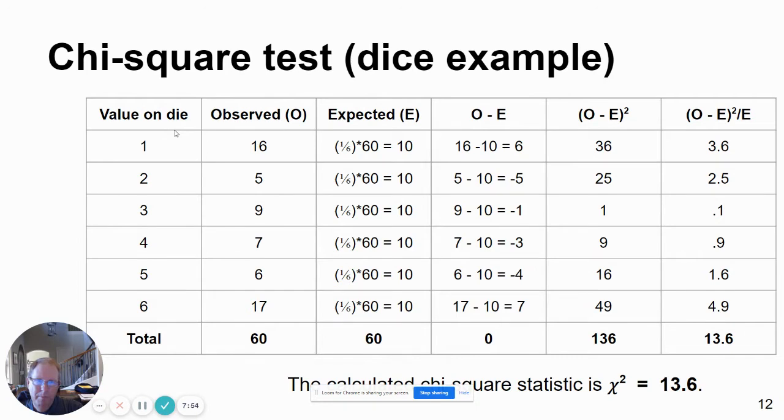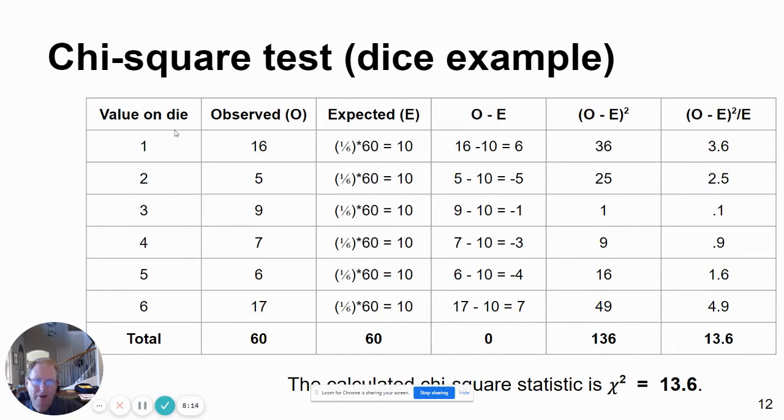In the fourth column, I'm going to subtract O minus E. So I'm going to take the observed value and subtract the expected value. In the case of the first row, I have 16 minus 10. It gives me a 6. For my next column, I'm going to take that difference, O minus E, and I'm going to square it. So I take my 6 and I square it.